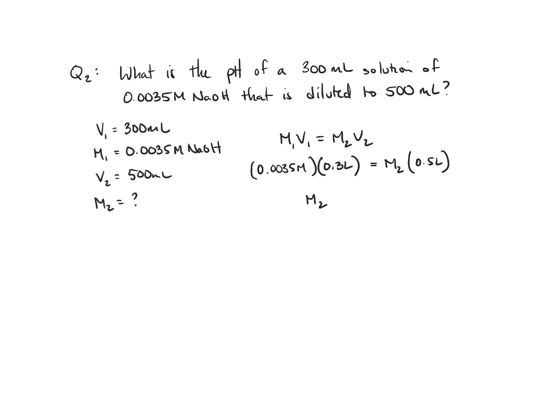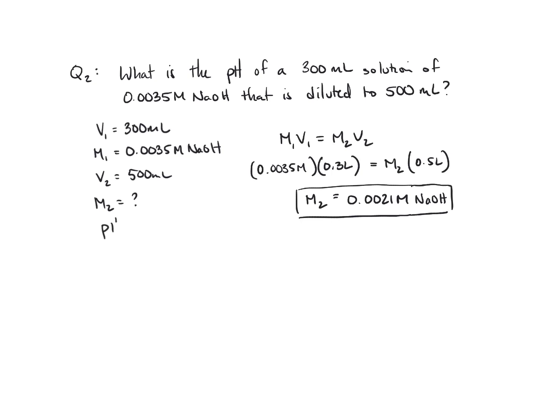So if we do our math, 0.0035 times 0.3 divided by 0.5, we have a molarity of 0.0021 molar, which makes sense. It's less concentrated than the first molarity, so it's diluted. So this is our next molarity. Let's add to that because that's important. It's our molarity of NaOH.